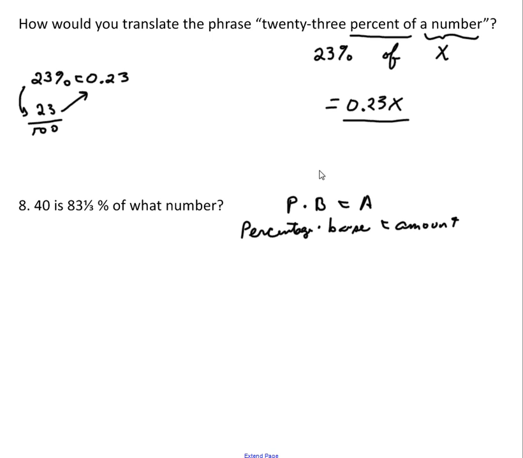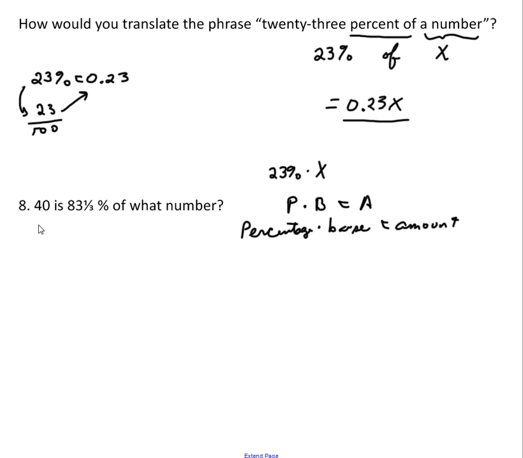In our example above, 0.23 times x was 23% of x, so our percent was 23, and we were taking that times our base, x. Now, we didn't know what x was, so we wouldn't be getting an amount. But if we knew what x was, we could multiply that percentage times that base and get the amount that was 23% of it.